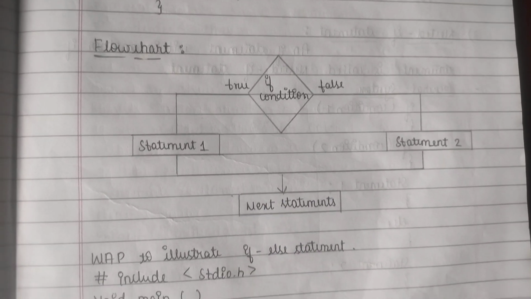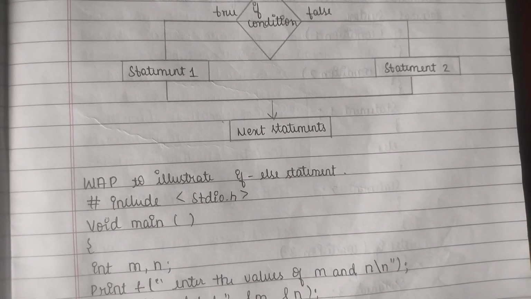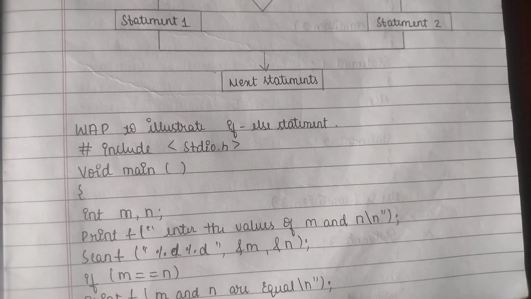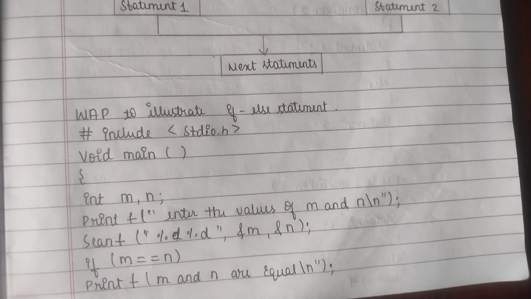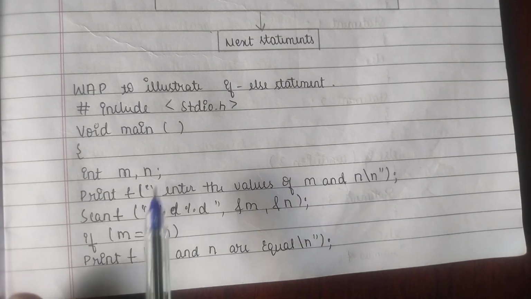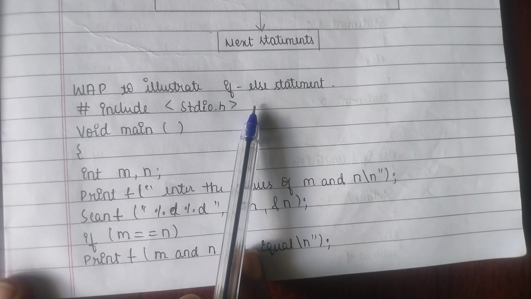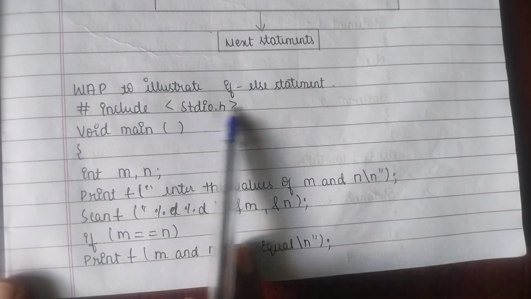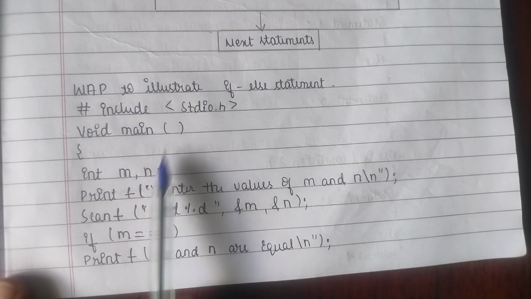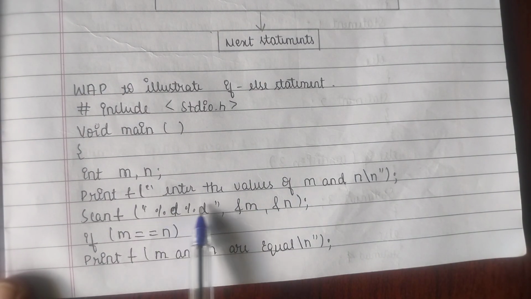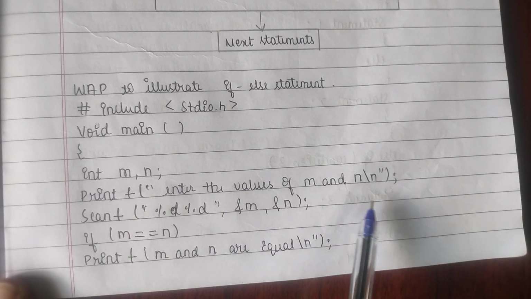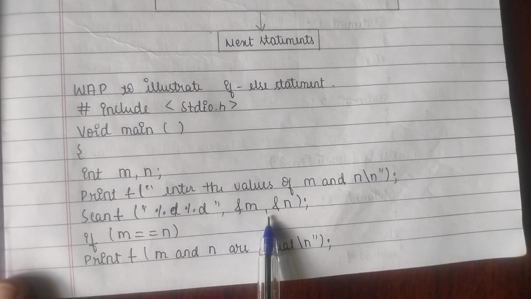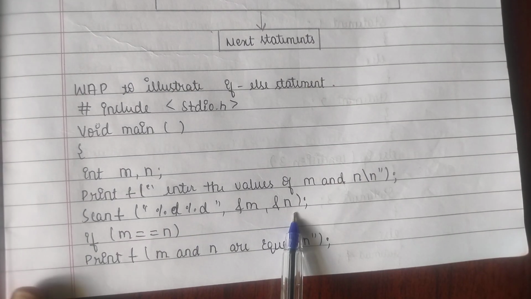Now just look at a small example on if else. Write a program to illustrate the if else statement. Preprocessor directive, main function, int m comma n, printf enter the value of m and n, then scanf %d, read the value, ampersand m, ampersand n.